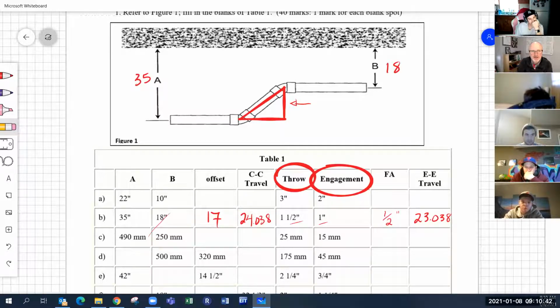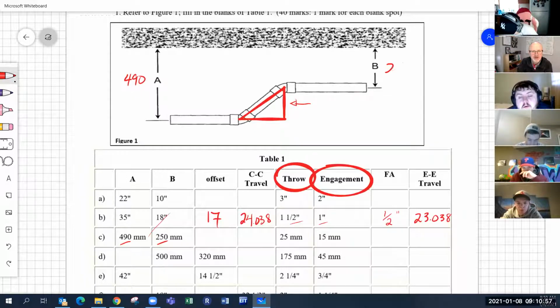We'll do the next one on this list here. So we have A at 490 millimeters, B at 250 millimeters.